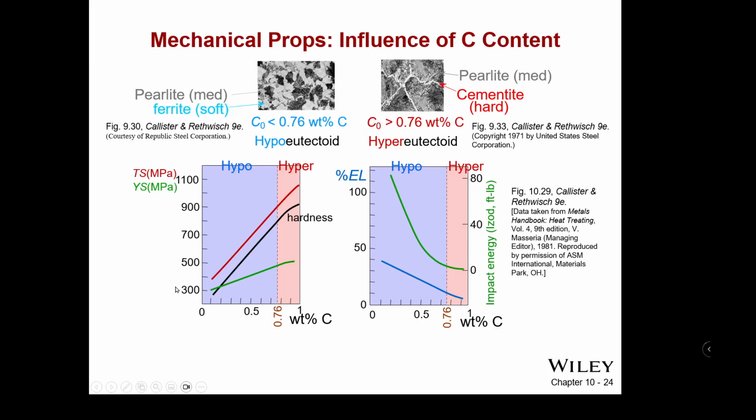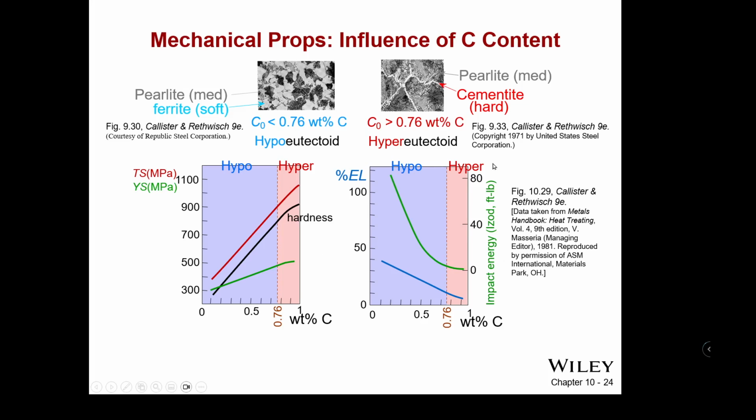As that weight percent increases, the tensile strength tremendously increases. So a hypereutectoid is considerably stronger than a hypoeutectoid. It's also considerably harder than a hypoeutectoid. So more carbon, more tensile strength, more hardness, to a point.